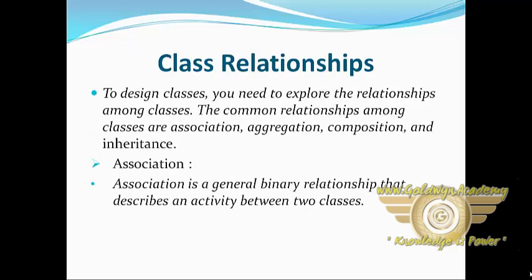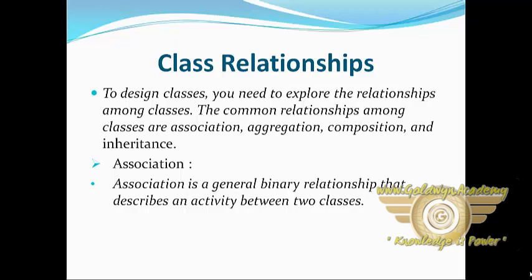Now we see the class relationships. To design classes, you need to explore the relationships among the classes. The common relationships among the classes are association, aggregation, composition and inheritance. First one is association.